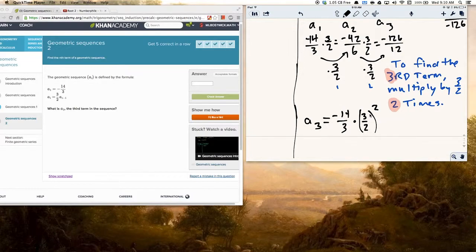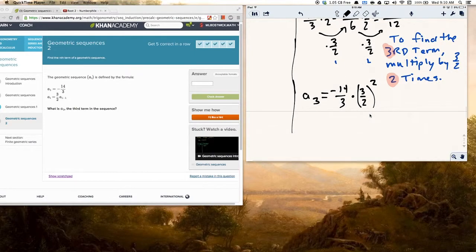Remember that an exponent literally means multiply by the number 3 halves this many times. So it says multiply by 3 halves 2 times. And so now I have kind of a shortcut. It may not be less complicated, but it's kind of a shortcut. If I square 3 halves, that's going to be the same as 3 squared, which is 9, over 2 squared, which is 4. So I have negative 14 thirds times 9 fourths.